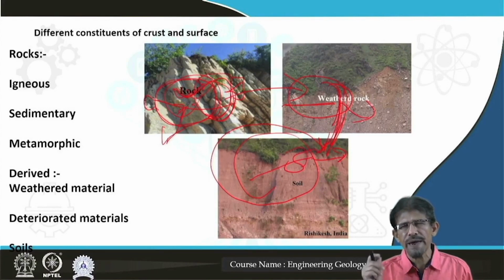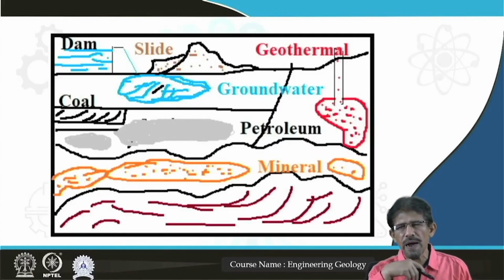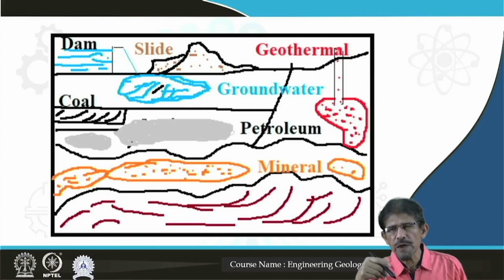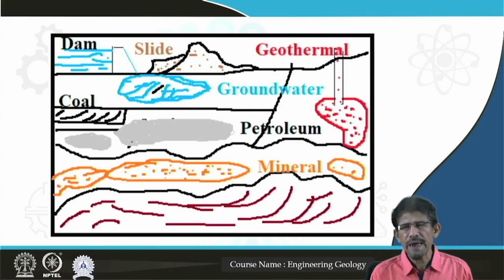So if we look overall at our earth crust, its subsurface and surficial processes, we can say that the crust is a host of a number of mineral deposits, fuels like petroleum and coal, groundwater, geothermal energy, and so on. We construct a number of projects in service of society and the nation, like dams, roads, bridges, railway tracks, caverns and others.